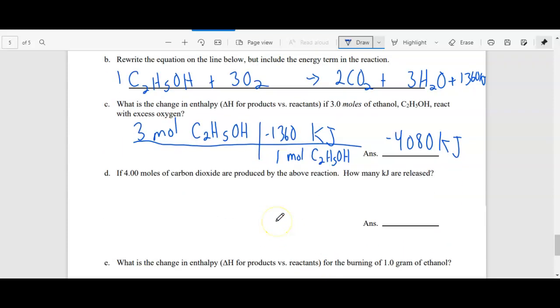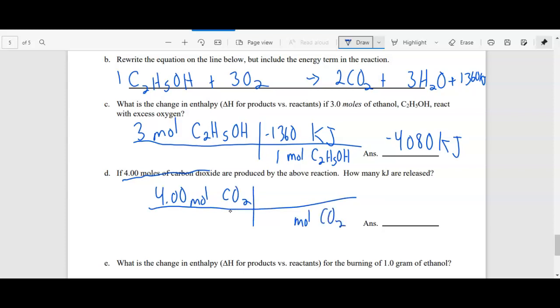Letter D says, if 4 moles of carbon dioxide are produced by the above reaction, how many kilojoules are released? We're going to do the same thing, start with our given. This time we're doing CO2, so 4 moles of CO2. We'll bring mole of CO2 to the bottom. We're going to go to kilojoules on top.